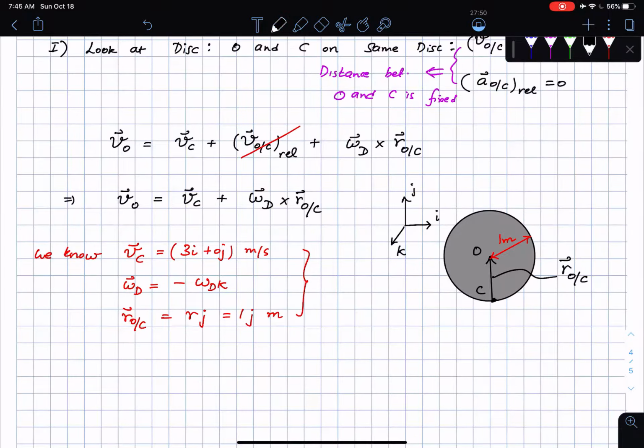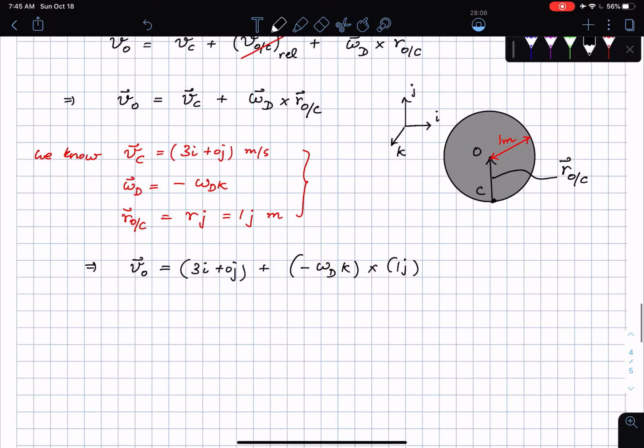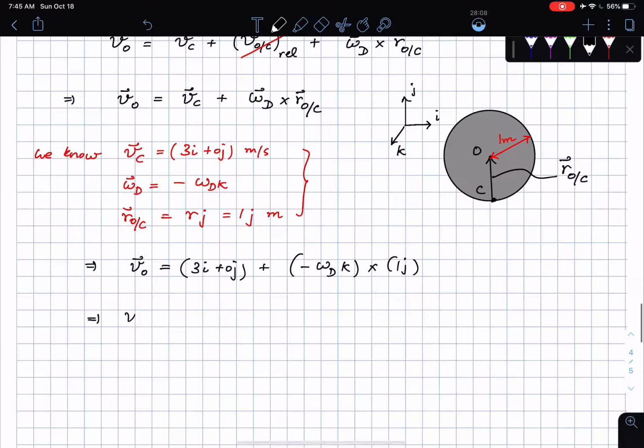I'm going to substitute this back in there, and so I get V O is equal to V C, which is 3I plus 0J, plus minus omega of the disk K crossed with 1J. Omega of the disk is not known to me. So this tells me that velocity of O, and I can look at my triad.